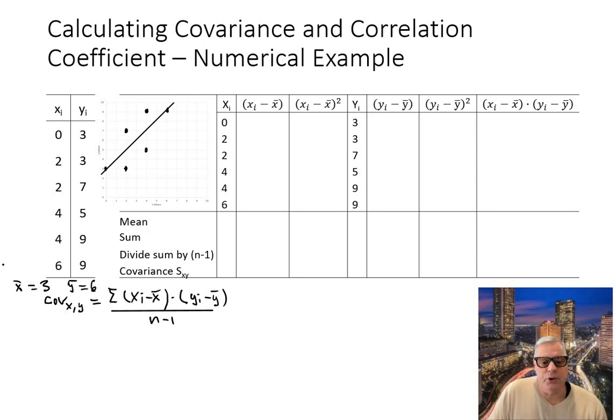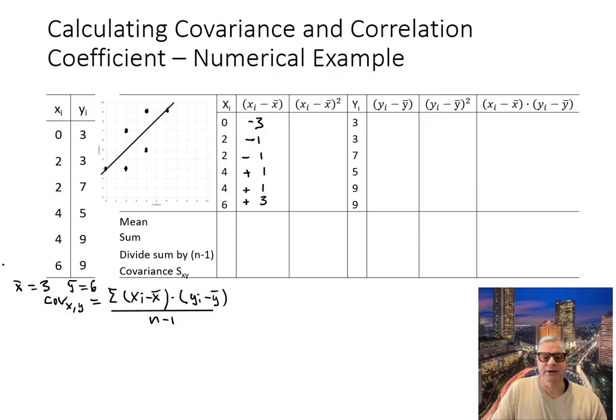Okay, so now in order to calculate the covariance, let's first start with the x's and always subtract the mean of 3. So 0 minus 3 is negative 3. 2 minus 3, negative 1. Another negative 1, positive 1, positive 1, positive 3.